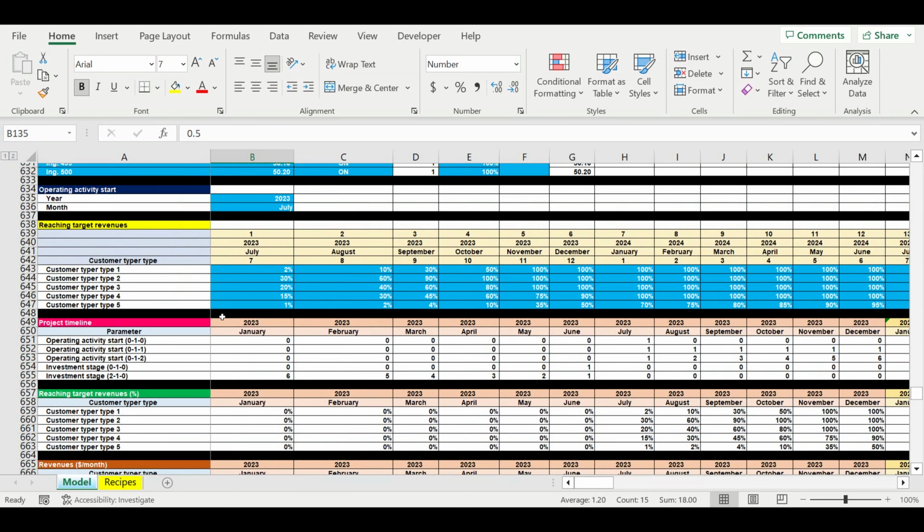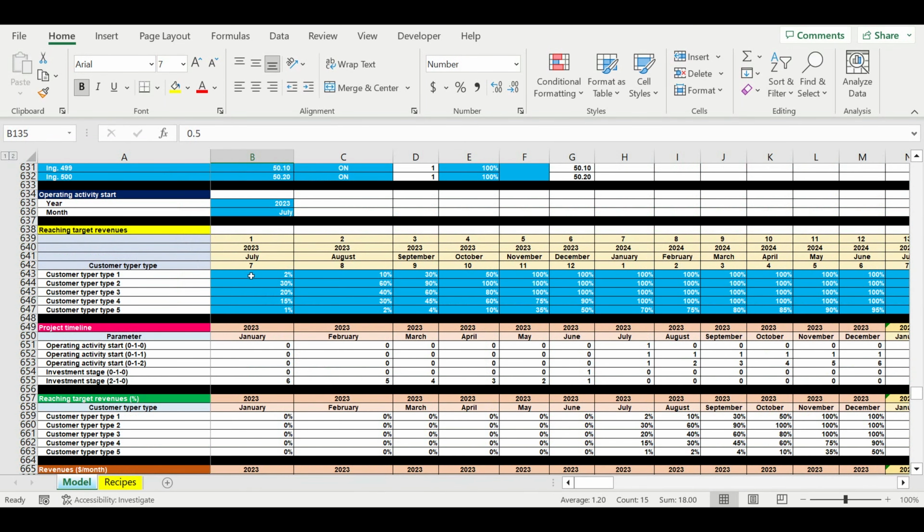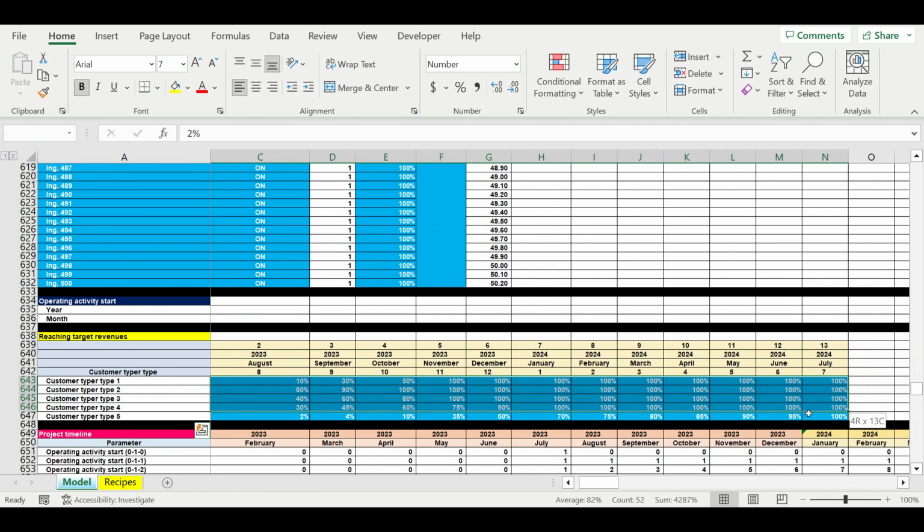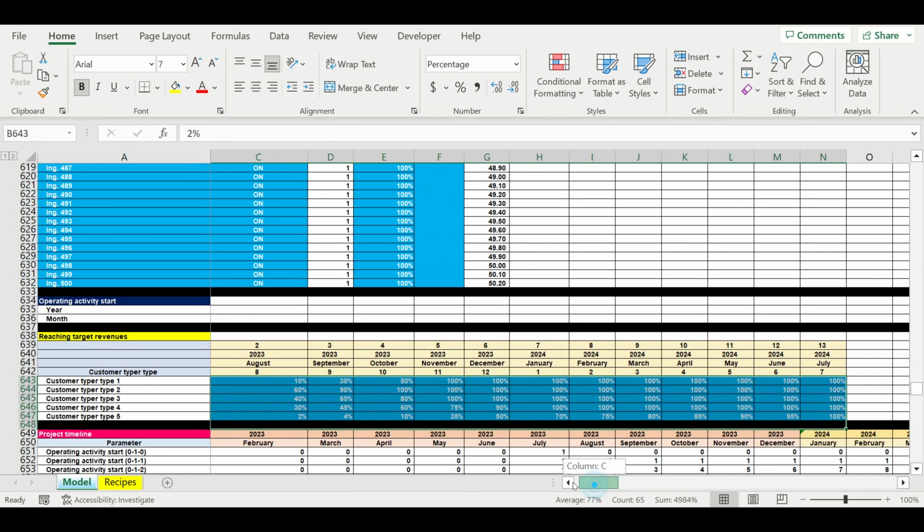Then we are specifying, by the way, when we start operating activity, when we get the first revenues. Then we have our 5 types of customers, and here we specify how fast we are reaching the target revenues, how fast we are reaching the target sales plan.